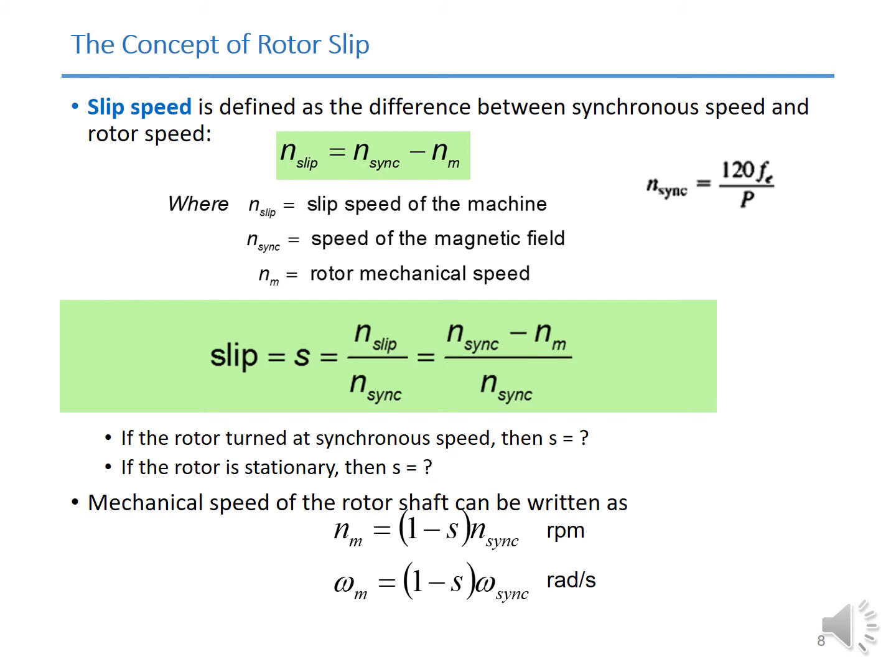Okay, and then if you rearrange the equation, you can get two equations for the speed of the motor or the rotor shaft, yeah? There are two slightly different equations here, depending on the units of the rotational speed that we use.